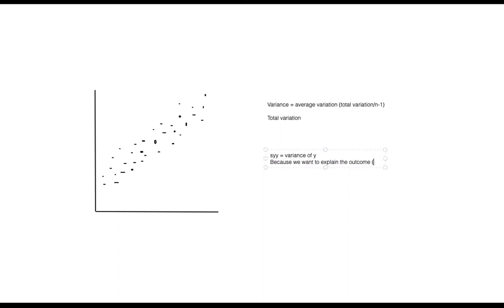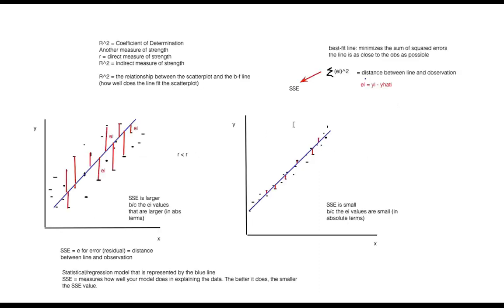And our outcome is the y variable, right? So that's why we're going to be doing these interpretations in terms of y. And that's why, when you were looking at SSE values, we were also looking only at y. Our goal in this research project is to explain the y variable, the outcome, and we use x to explain y, but the point remains that we're still trying to explain y.